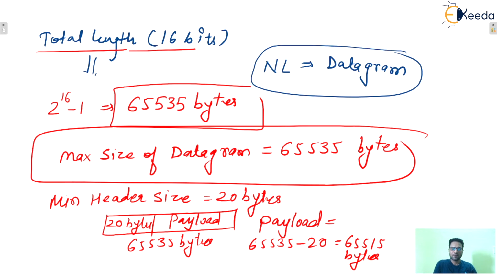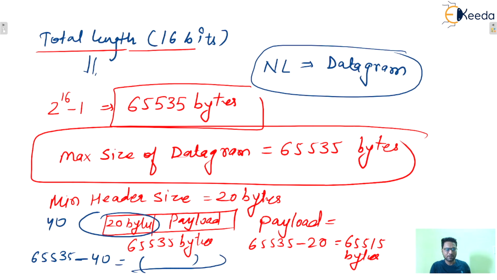That will be the maximum size of the payload. Whenever the header size is 40 bytes, then the payload size will be 65535 minus 40. Whatever it is, that will be the size of the payload.